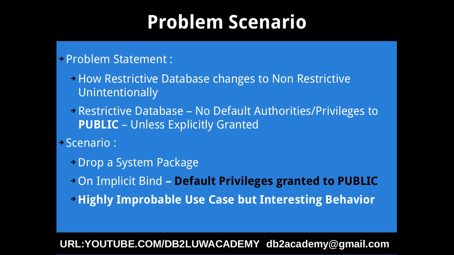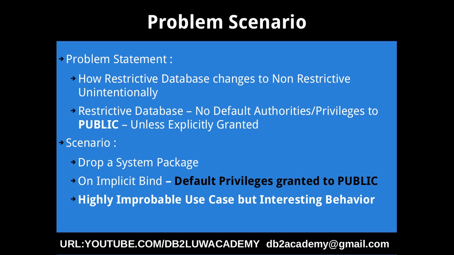Now there is one scenario in which the user or the instance owner or somebody goes and drops a system package. I don't know why, it's a very highly improbable use case, but it provides an interesting behavior, so that's why I'm highlighting this.